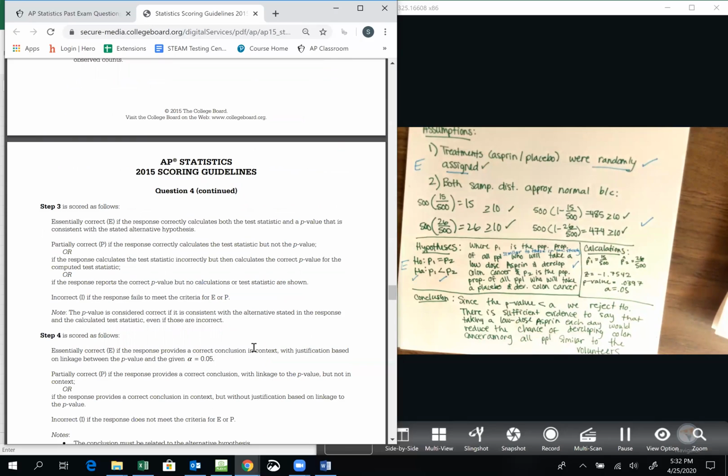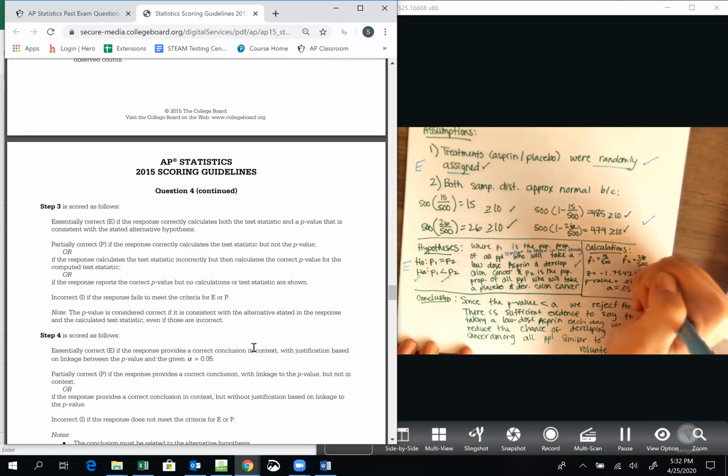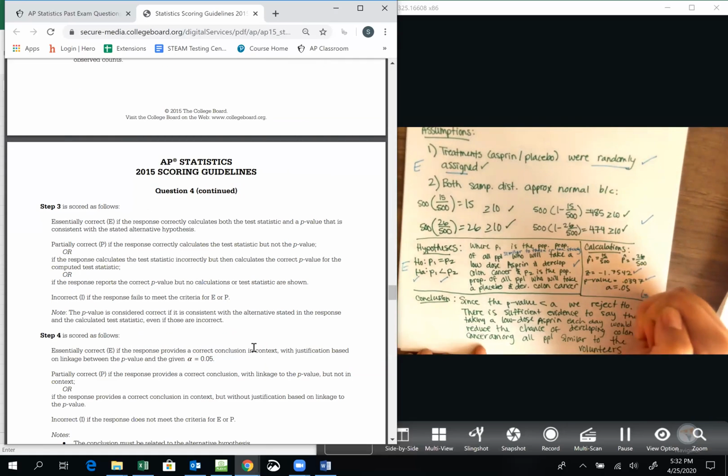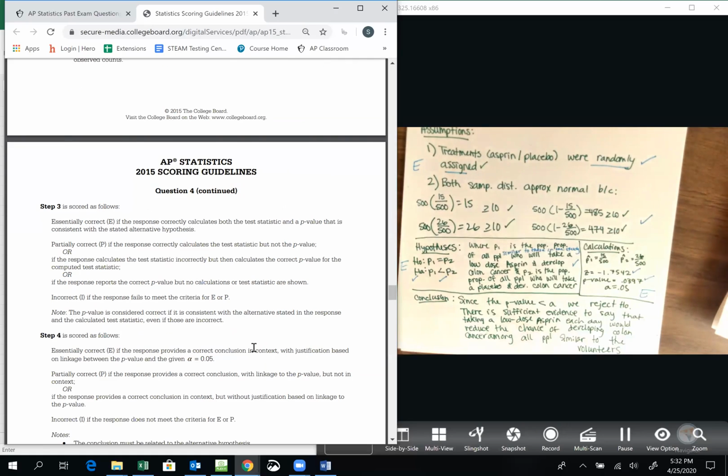Step 3, essentially correct if you calculate both the test statistic and p-value consistent with the stated alternative hypothesis. Boom, boom. Partially correct if the response correctly calculates the test statistic but not the p-value, or if the response calculates the test statistic incorrectly but then calculates the correct p-value for the computed test statistic. It's pretty nice.